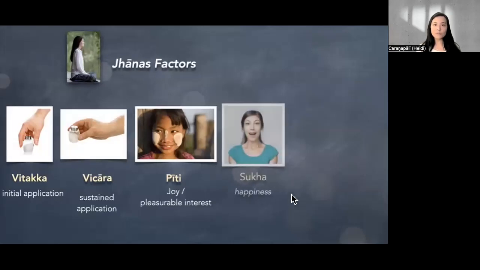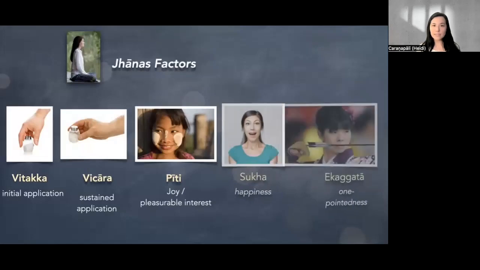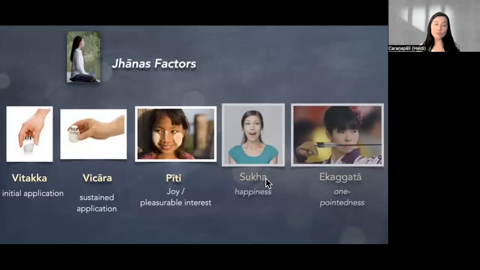And the other two jhana factors are sukha or upekkha, and ekagata. And actually, all these five, we have already seen them. So sukha is actually vedana, right? So sukha and ekagata actually belong to the universal group, the universal ones of the ethically variable group. We saw them last week, right?